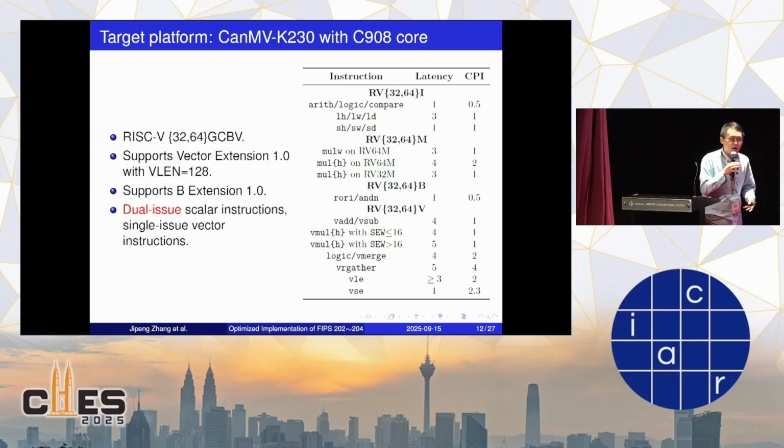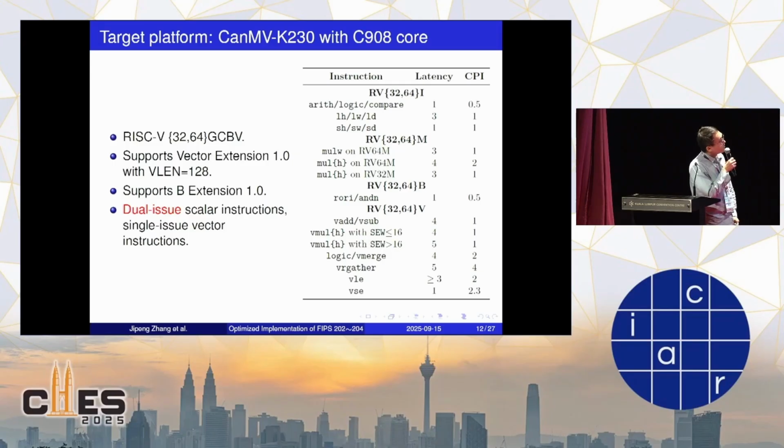Regarding the microarchitecture, it supports dual issue of scalar instructions and single issue of vector instructions. The CPU manufacturer did not provide the information of the instruction latency and the CPI. The CPI means cycles per instruction. So we performed a large number of benchmarks on this core to obtain this table.